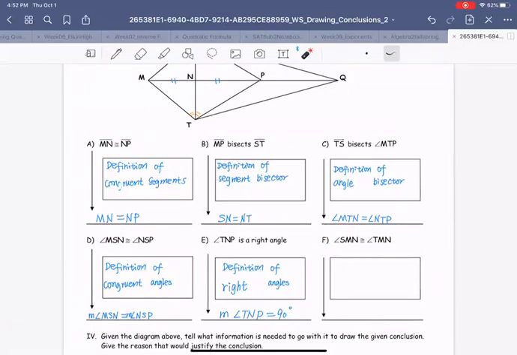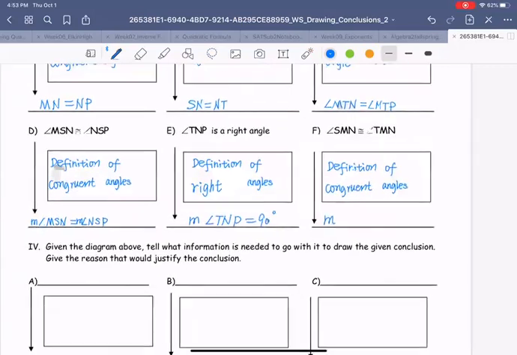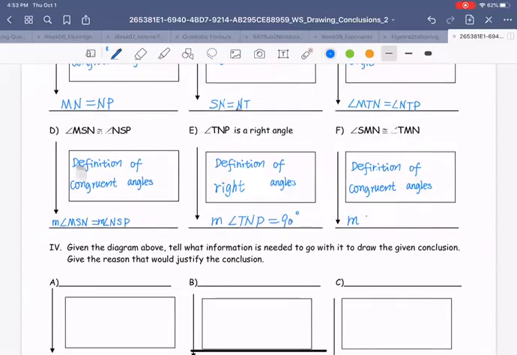It appears that it's the definition of congruent angles. So angle SMN and TMN are both equal. You just copy down the measure of angle SMN is equal to the measure of angle TMN.